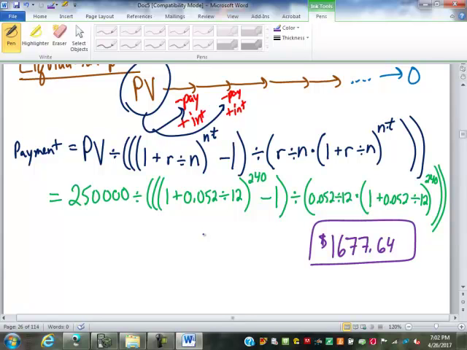Do the right arrow to get out of the power. Then minus 1, close parentheses, divided by, open parentheses, 0.052 divided by 12, times, open parentheses, 1 plus 0.052 divided by 12, close parentheses, power of 240, close and close. 1677.64? Perfect. There are a few keystrokes there that might be easy to screw up.